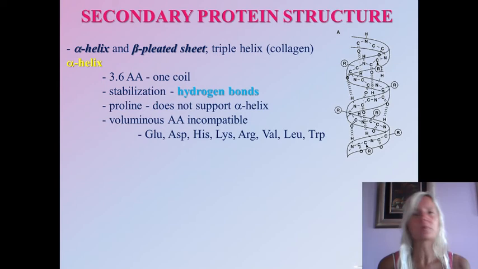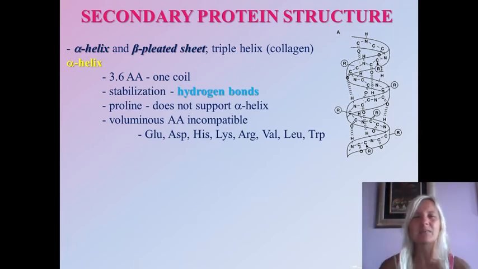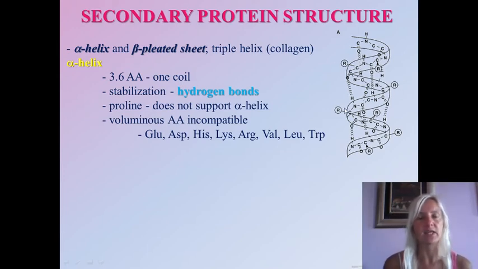They're not impossible to be found in alpha helix, but they're incompatible with it, like glutamic acid, aspartic acid, those basic amino acids, histidine, lysine, arginine, if you remember, they're huge side chains, or valine, leucine, tryptophan, and so on. Actually, in any way, whether they like or don't like the alpha helical distribution, side chain groups are usually oriented towards the surface of the alpha helix.